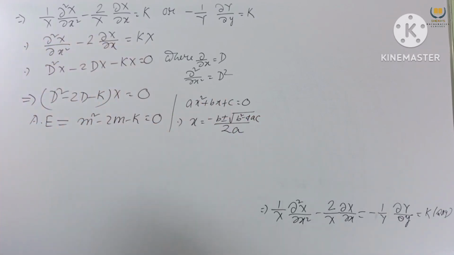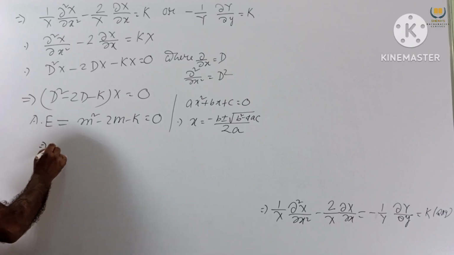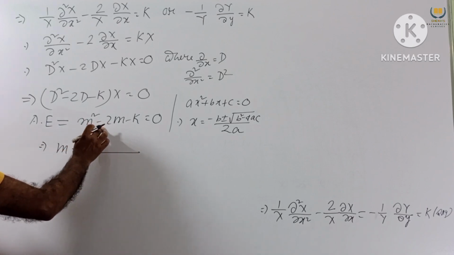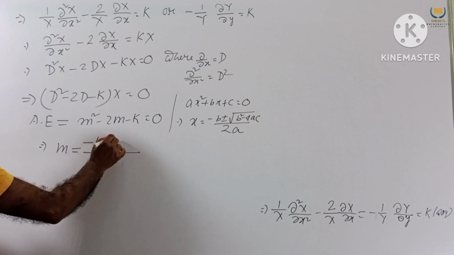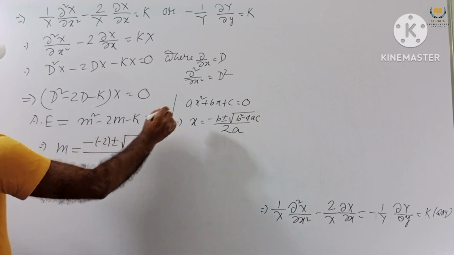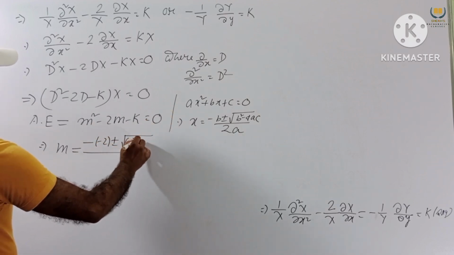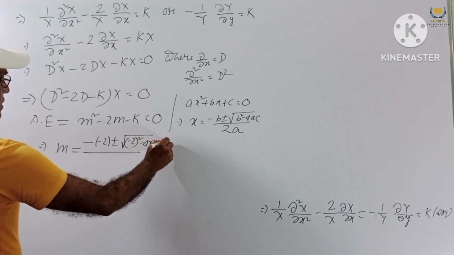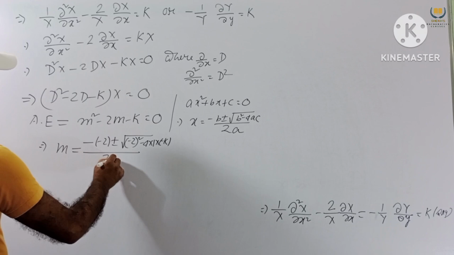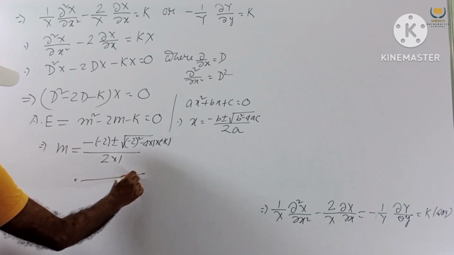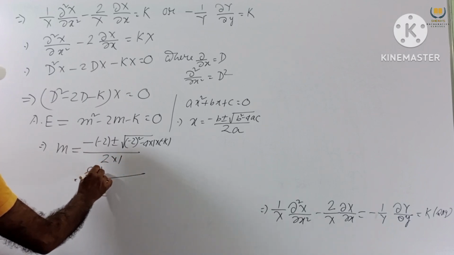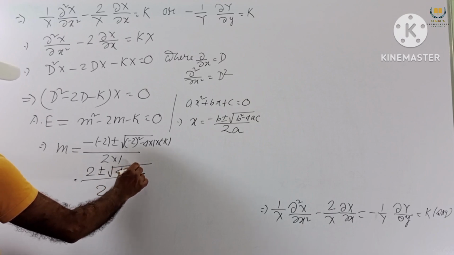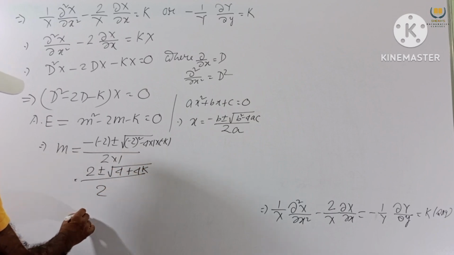We know this formula. Using this formula, m = (−b means −(−2), b² is (−2)², 4ac) by twice a. This is (2 ± √(4 + 4k))/2.